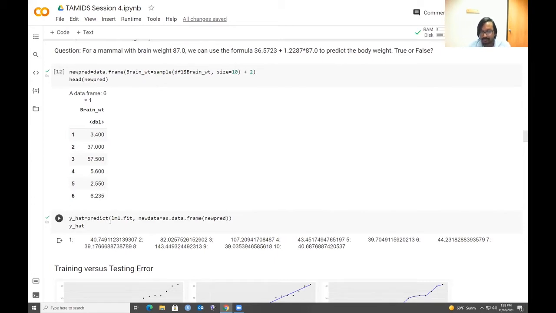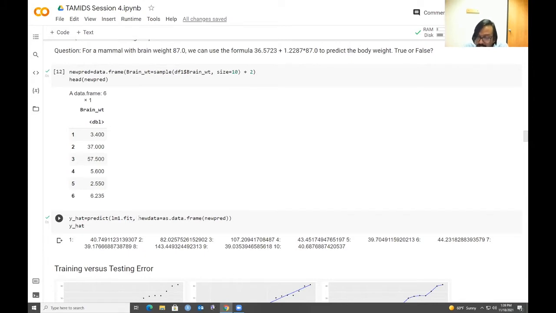perform the prediction. Now, what does this predict function actually require? It requires two basic inputs. The first input is I have to tell the machine that I am using the linear model stored in the variable lm1.fit for the prediction. Secondly, I have to provide the new predictor values for which I want to do the prediction.